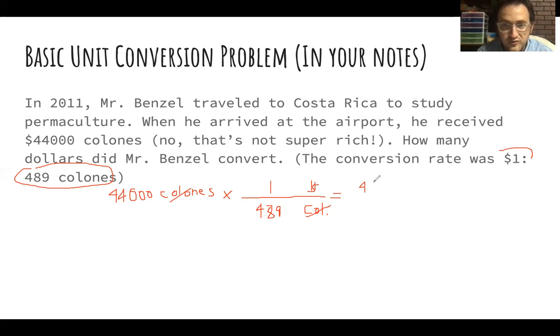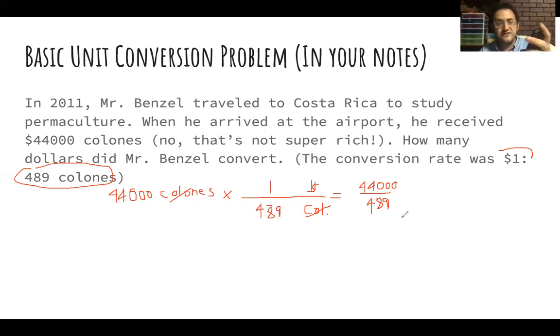So I have 44,000 on top and I have 489 on the bottom. And the unit is in dollars. So notice the dollar does not cancel out. And I do 44,000 divided by 489. You'll want to just go to the Delta Math calculator on the top right corner, or you can get out your smartphone if you're working at home.